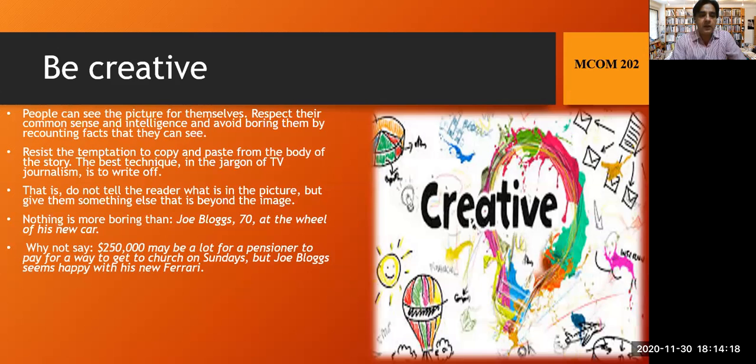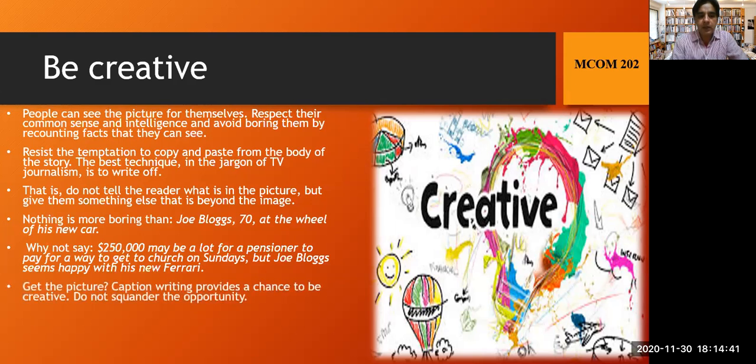This is more interesting if you compare these two. The above caption is boring: Joe Blogs, 70, at the wheel of his new car. Why not say, 250,000 maybe a lot for a pensioner to pay for a way to get to church on Sundays, but Joe Blogg seems happy with his new Ferrari.